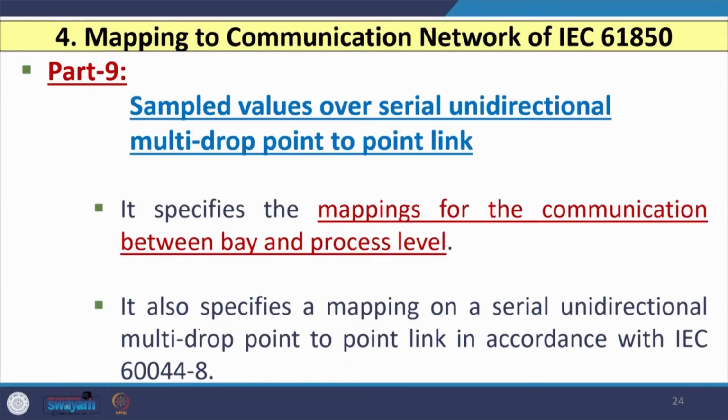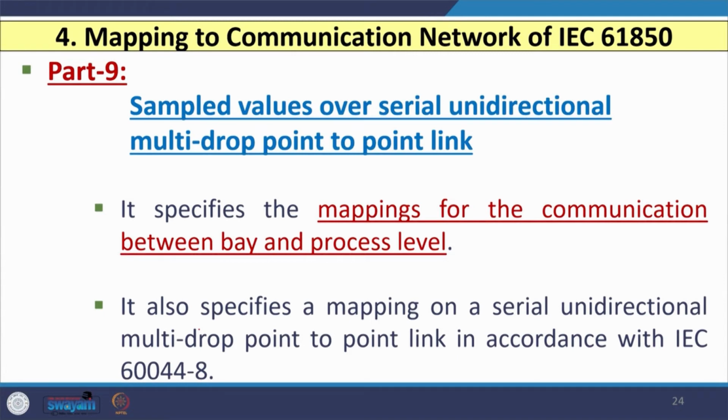In part 9 of mapping to communication networks of IEC 61850, sample values over serial unidirectional multi drop point to point link related information is provided, and it specifies the mappings for the communication between bay and process level. The bay is basically your bus bar, and then the process level.